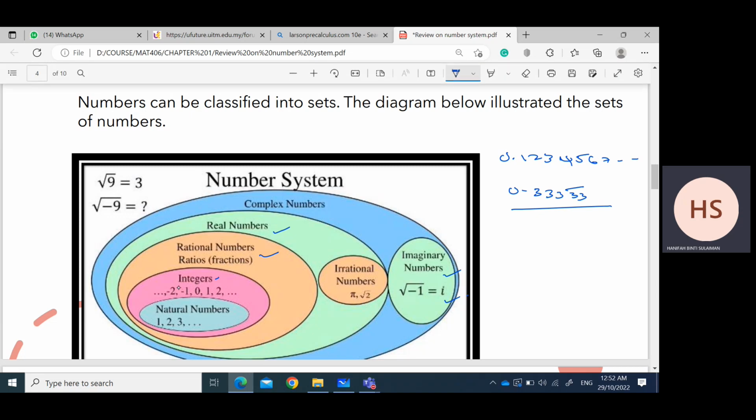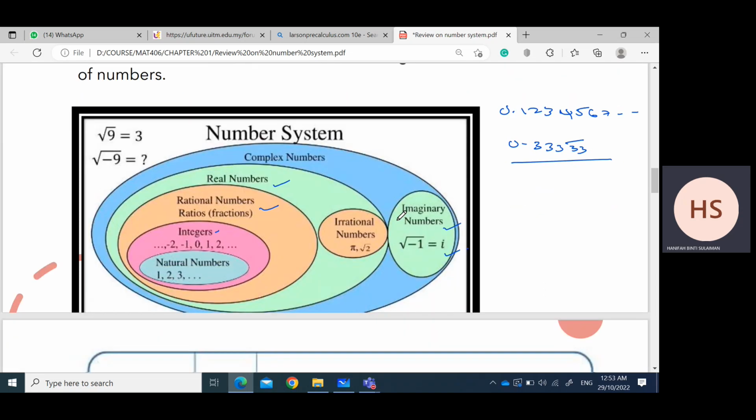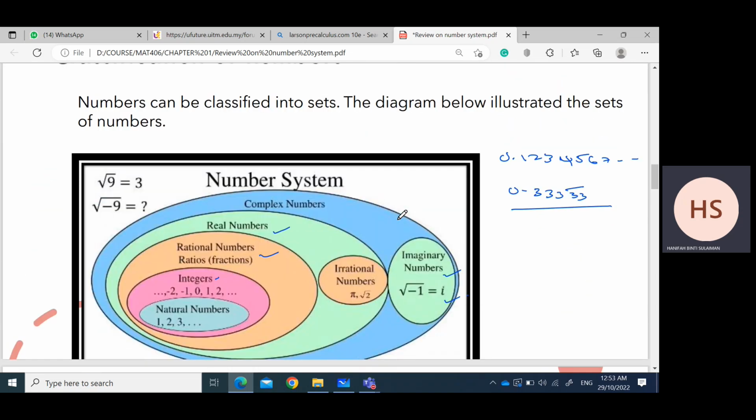Right, so under integers we have natural numbers. So natural numbers, it is started from 1, 2, 3. Atau kita boleh katakan natural numbers, it is also known as a positive integer. Okay.